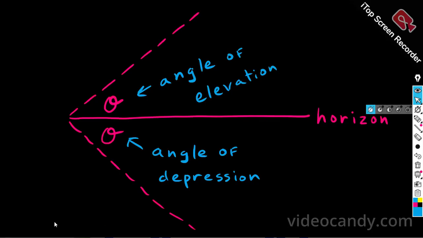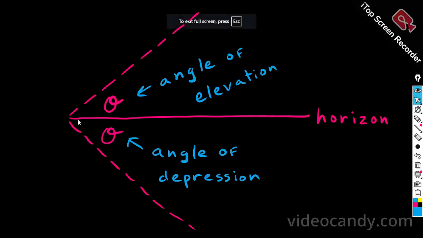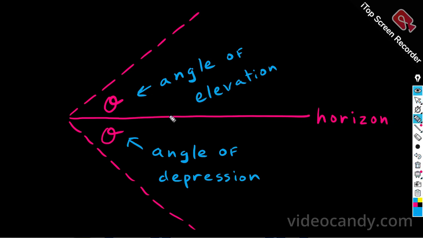All right, some more notes before we begin. You want to remember the horizon is basically a flat horizontal line that moves left to right. Horizon, horizontal, that's where the word comes from. If you use that as one side of your angle and you make an angle going up, that angle right there is going to be your angle of elevation.